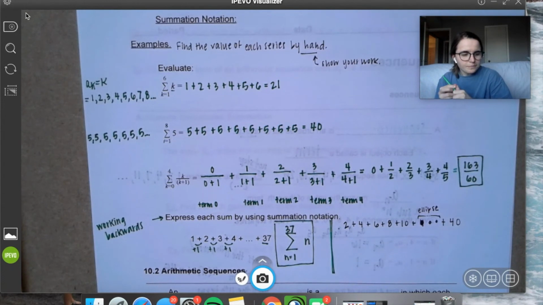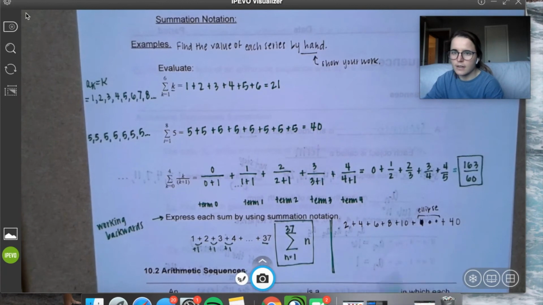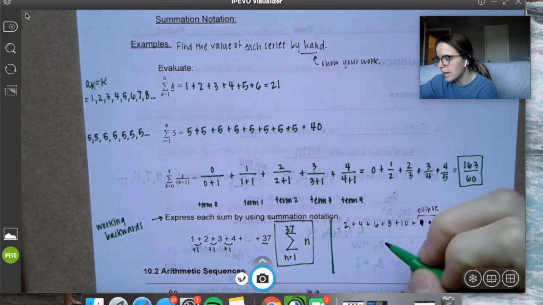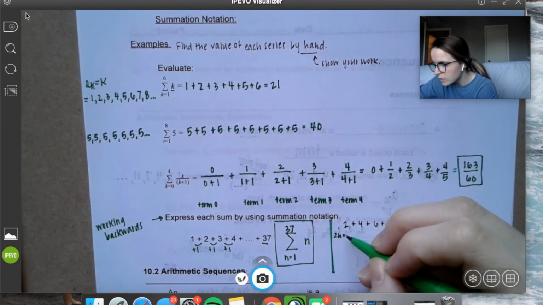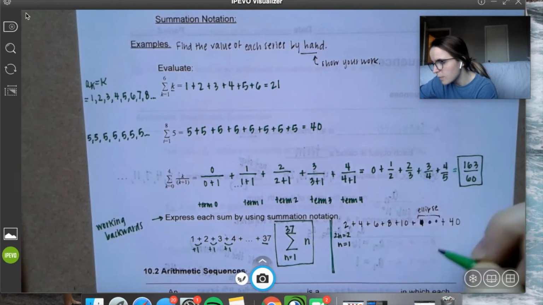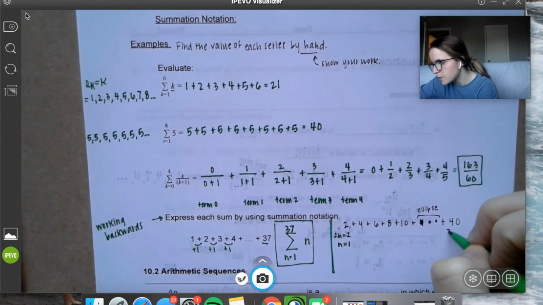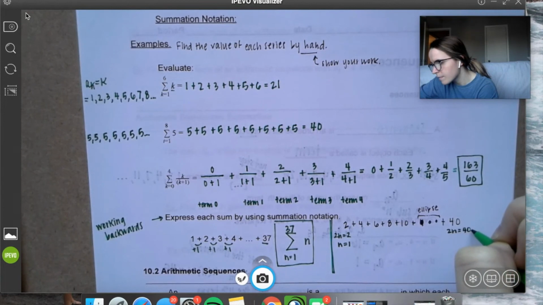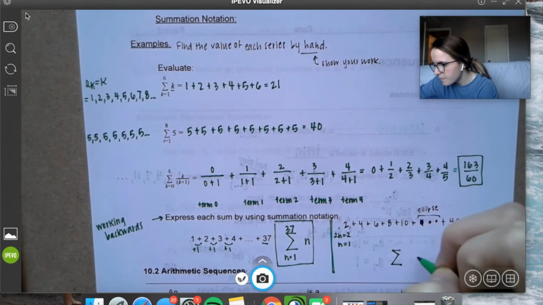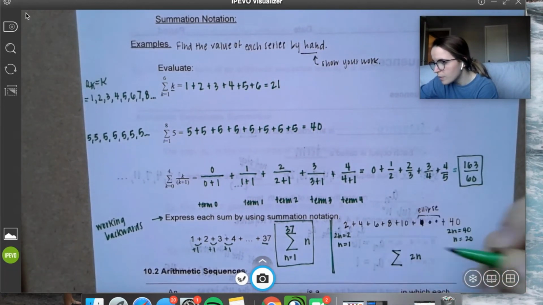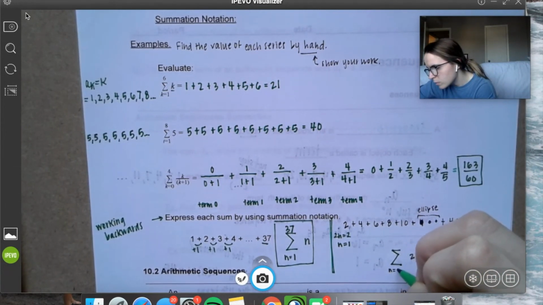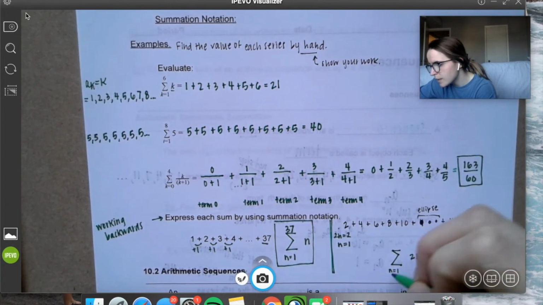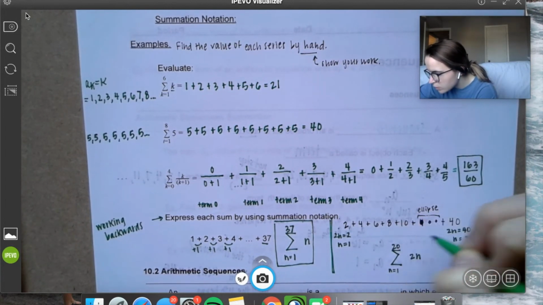Okay, so you can see that we're going up by 2 each time. So that means that our function is going to be 2n. So if 2n is equal to 2, our first number is n equals 1. And then if 2n is equal to 40, n is equal to 20. So that means our function is 2n, the summation of 2n from n equals 1 to 20.